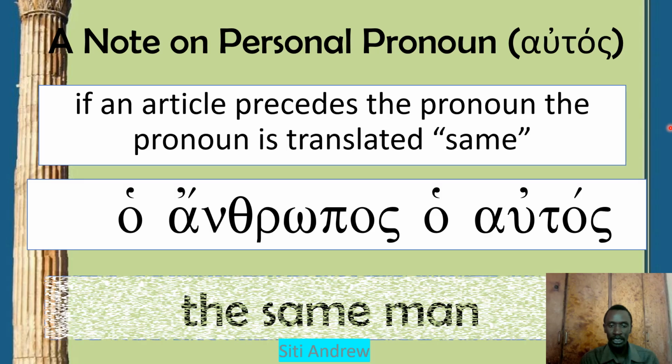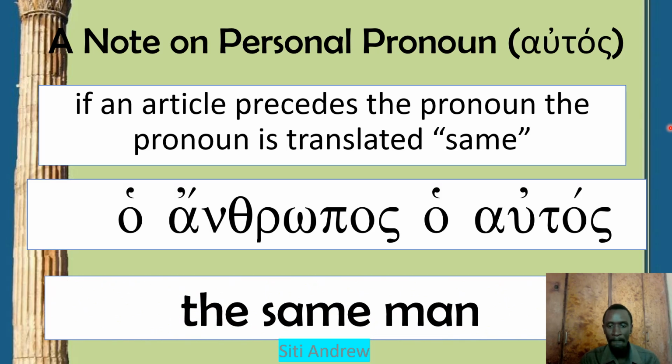So the translation here is the same man, instead of saying the man he, which doesn't make sense. So when you see that construction, you know what these pronouns stand for. It is just making a reference to the same. So it is simply translated as the same man, ho anthropos ho autos.